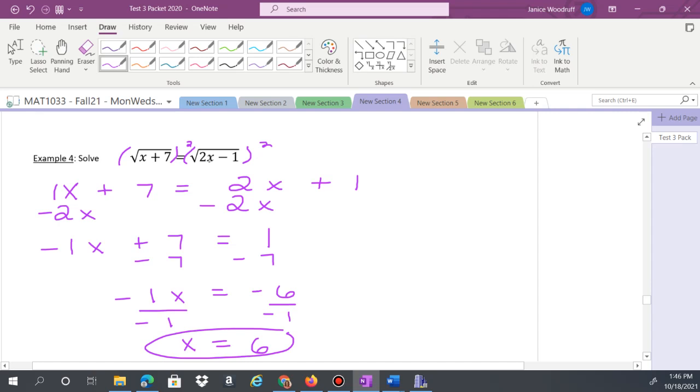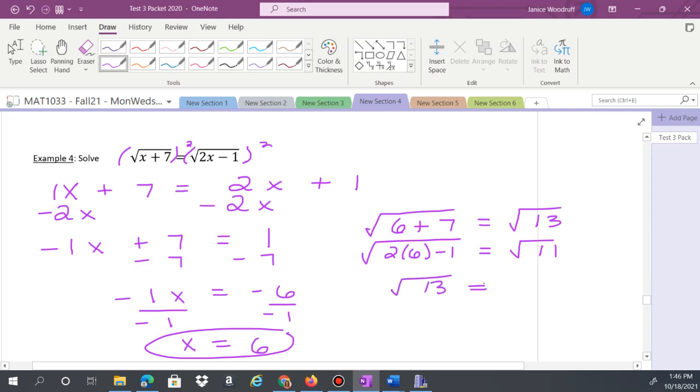And then I just have to check it. So I get the square root of 6 plus 7, which gives me the square root of 13. And then the square root of 2 times 6 minus 1 is going to give me 11. Is that right? Yeah, so that should be extraneous, right? Those are different. Square root of 13 does not equal the square root of 11.